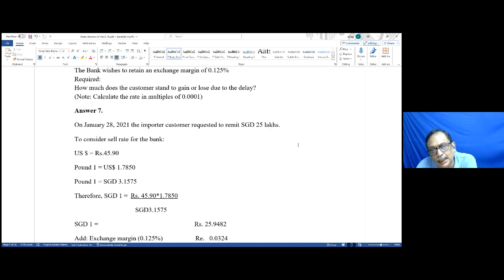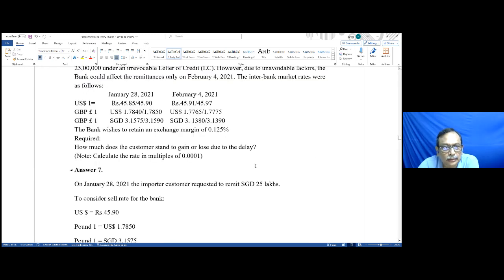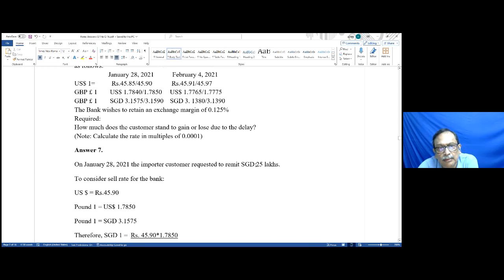To consider the sale rate for the bank, US dollar $1 we are going to take rupees 45.90. £1 is equal to US dollar 1.7850. All are asked. And £1 is equal to Singapore dollar 3.1575.